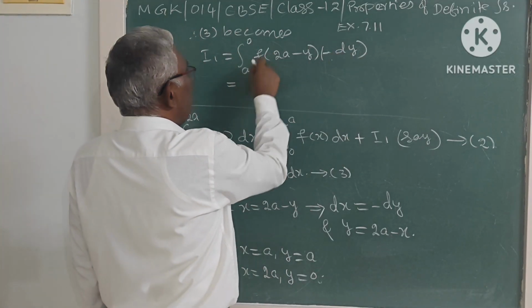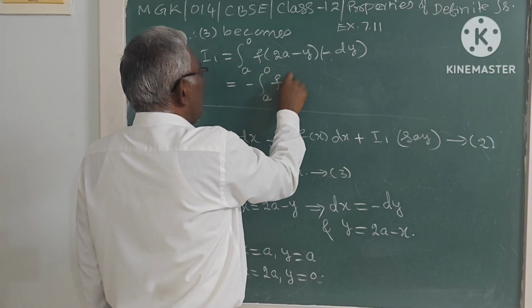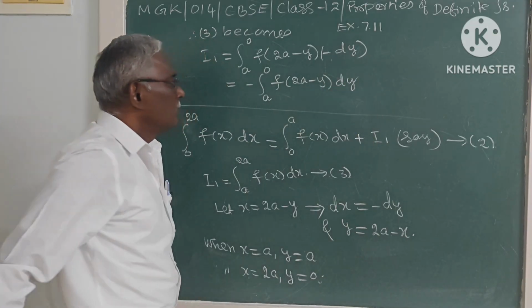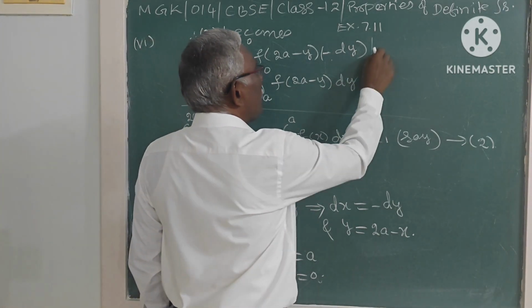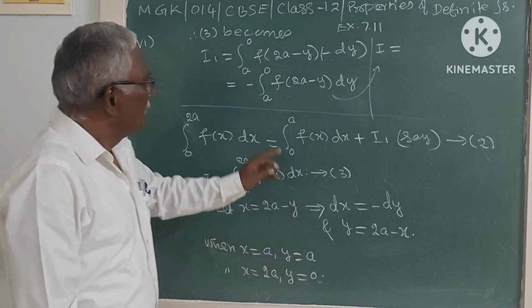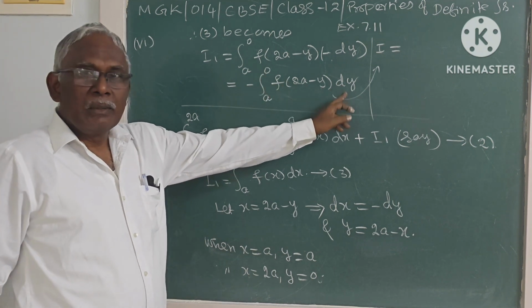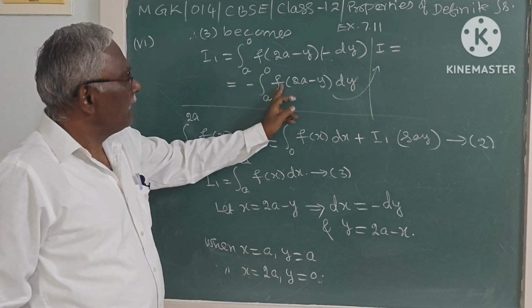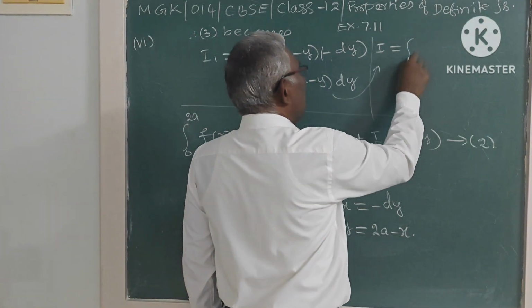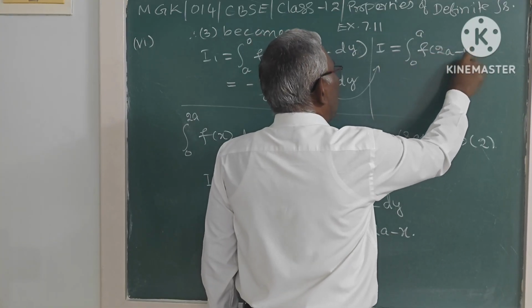So we can take minus outside: minus integral a to 0 f of 2a minus y dy, which we can write as integral 0 to a f of 2a minus y dy.